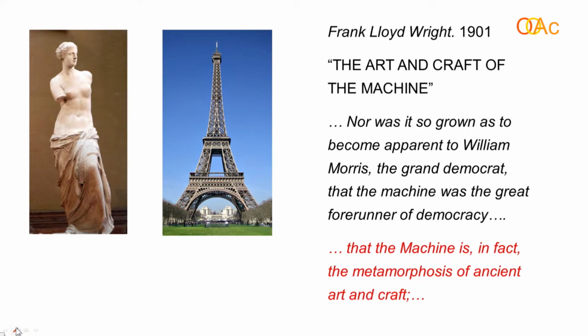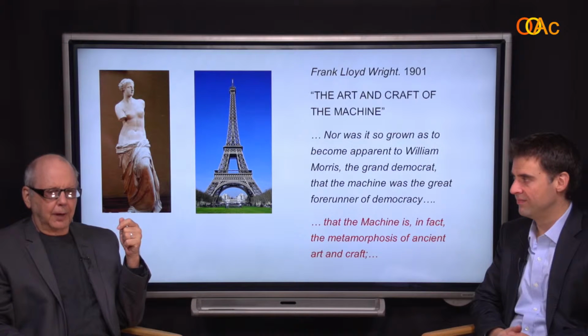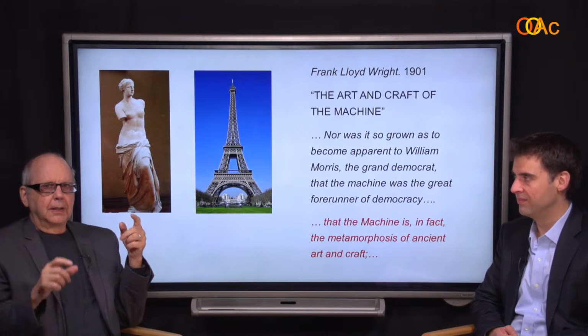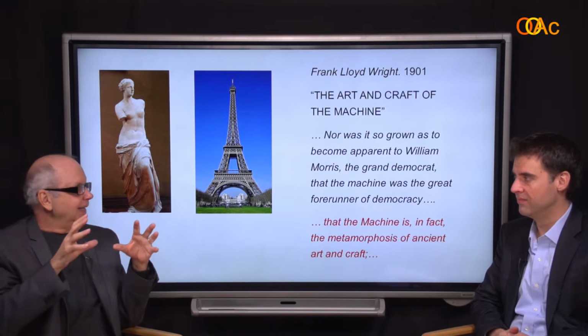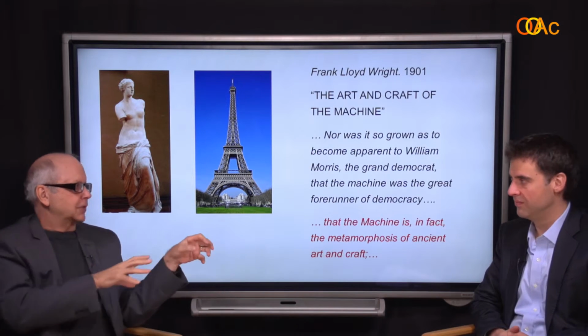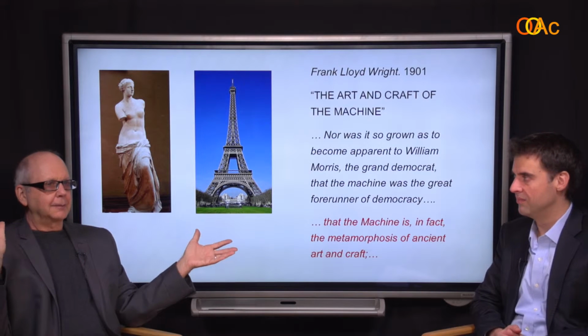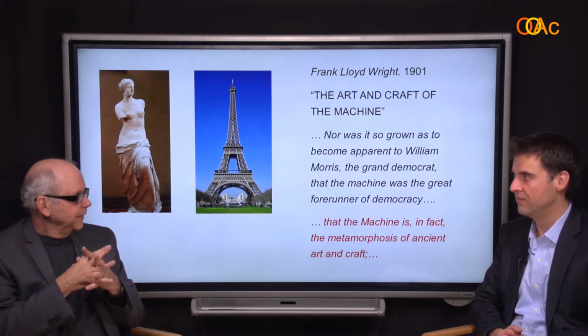Obviously the machine. And creativity is often just turning something on its head. And so what Wright says is the machine is the art form of the 20th century. It's not the enemy, it's what we're looking for.